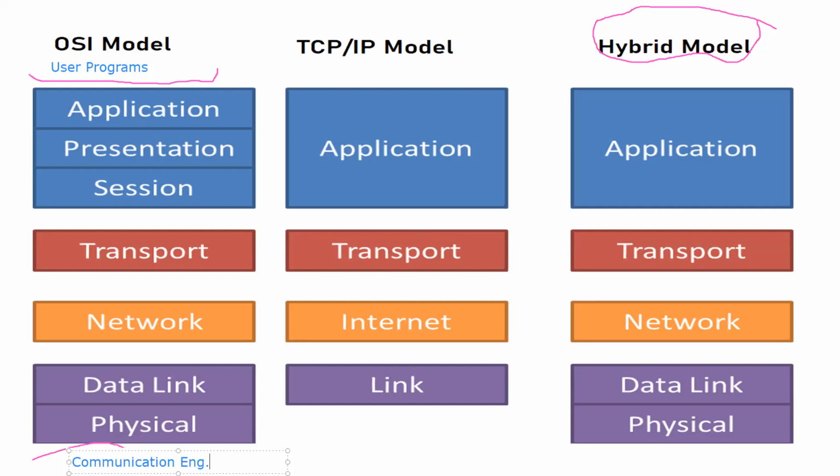Most of it is, of course, going to be described in the physical layer details, but there is a lot happening at the communication engineering level where we are taking those things for granted. Therefore, the whole concept is, at the end of the day, how can we enable these user programs to use the network infrastructure here? Okay, so let me give you a very brief definition of each of them.